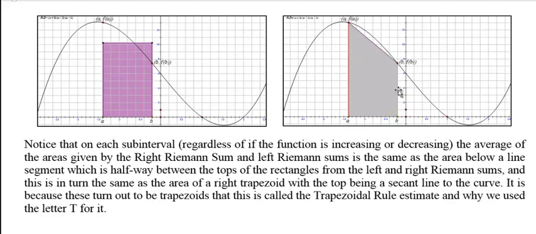So these areas are the same. So the trapezoid rule, which is the average of the left and right Riemann sums, is the same as approximating the function with a linear function, which is a secant line between the endpoints on that particular interval. In other words, the area of that trapezoid, hence the name Trapezoid Rule.